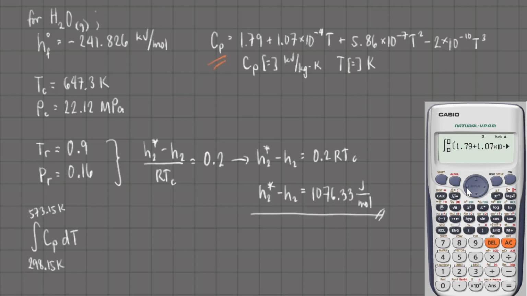Our limits of integration, 298.15 Kelvin up to 573.15 Kelvin.